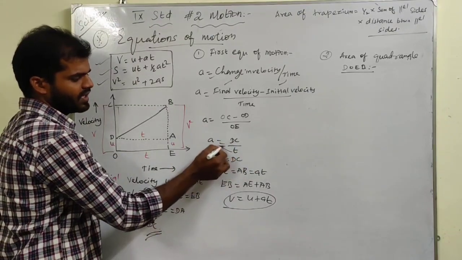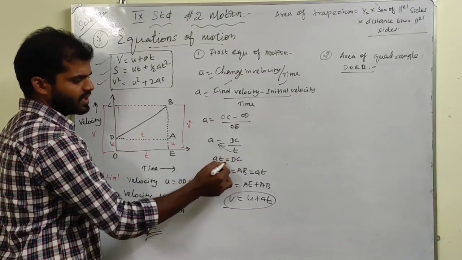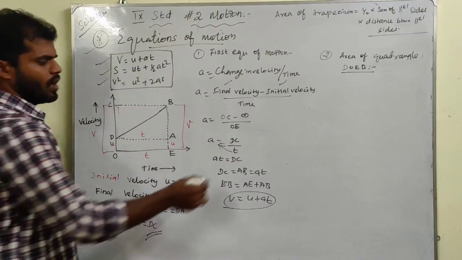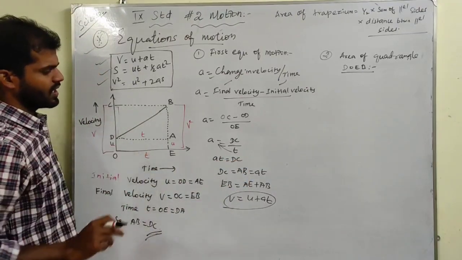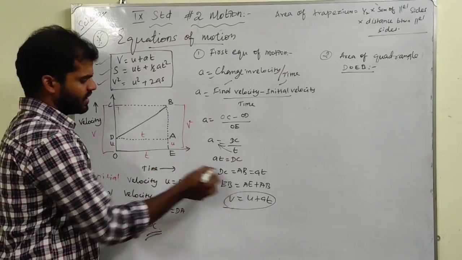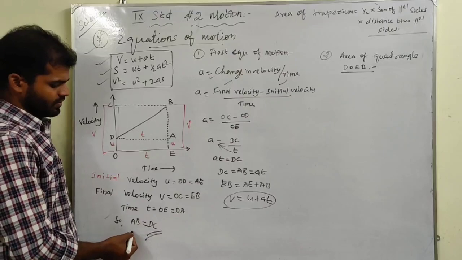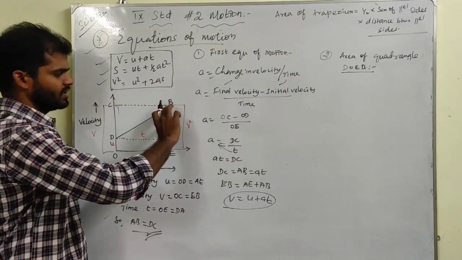Now we have to take the T to the other side. So it will become multiplication: A into T is equal to DC. Now I need to know that DC, right? So DC we have to calculate. DC is equal to AB, already we have told you, right? So AB is equal to DC, which means this area is equal to this area.